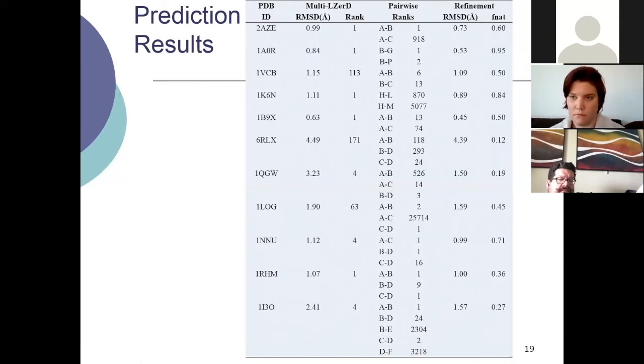But with 6, 7, or 8 chains, some of the chains are not even touching each other, but the algorithm doesn't know unless you tell it that, say, chains A and D are never close together in the complex. The algorithm still tries to dock them and considers that possibility too. That makes the method a bit difficult. We are trying to improve these methods right now, but that's one of the difficulties this algorithm faces.